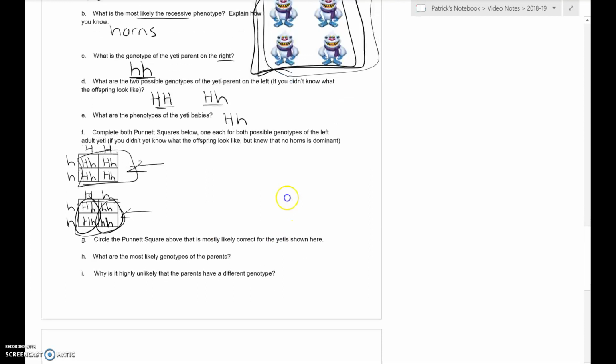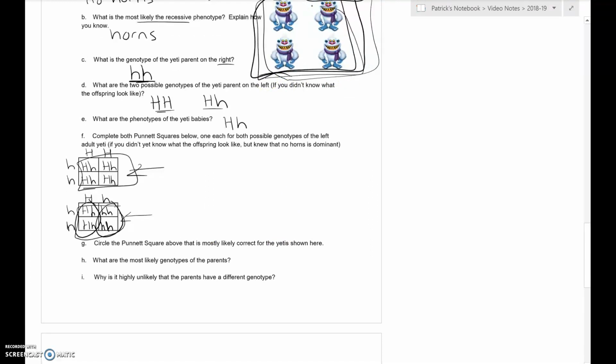So thinking about what we actually ended up with in the offspring, it is most likely that our first Punnett square here is the correct one because that's what we observed in the offspring.